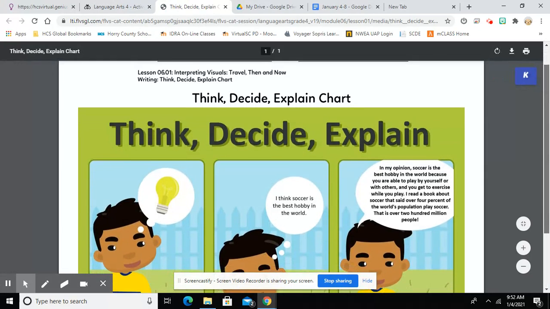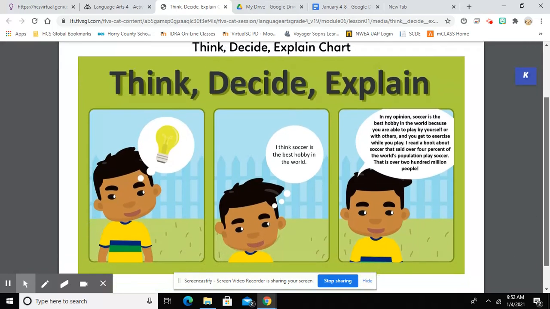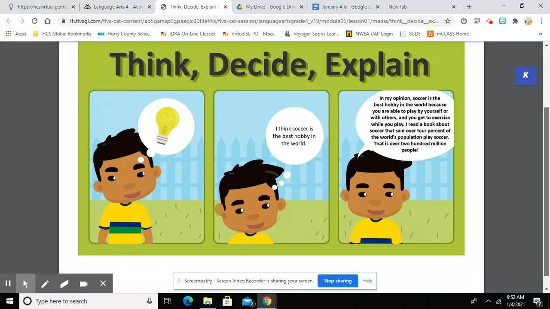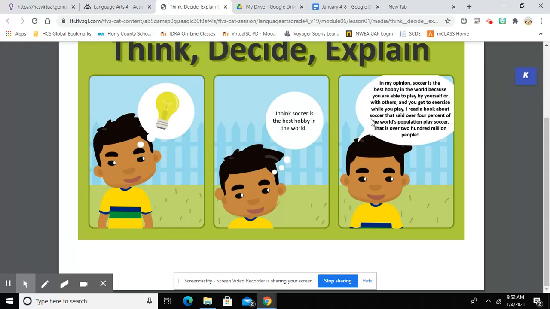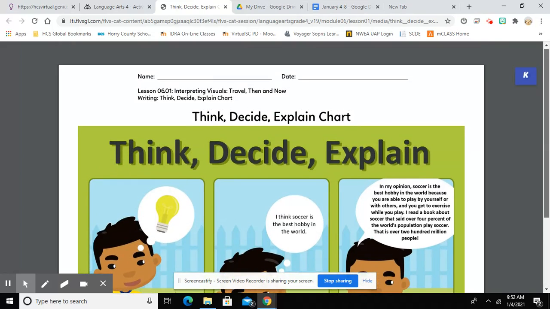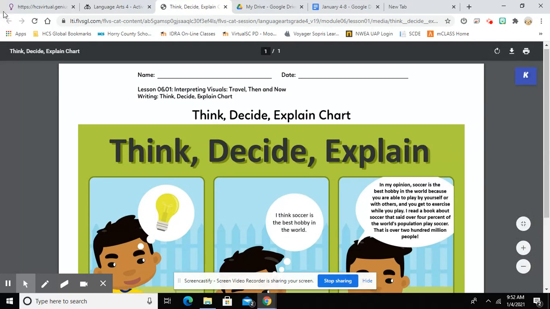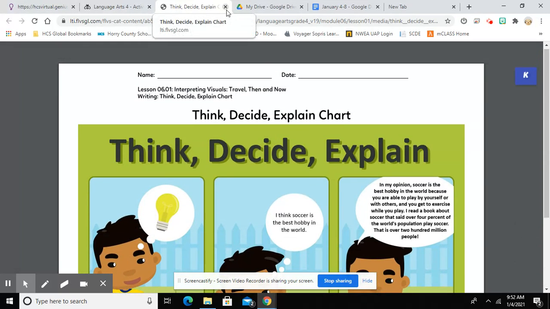You're going to think about your topic, decide what you're going to write about, and then explain it. A good idea, when you're going to explain, is to tell your story to someone first before you write it down. Then you can hear it and decide better what to put inside of your writing.